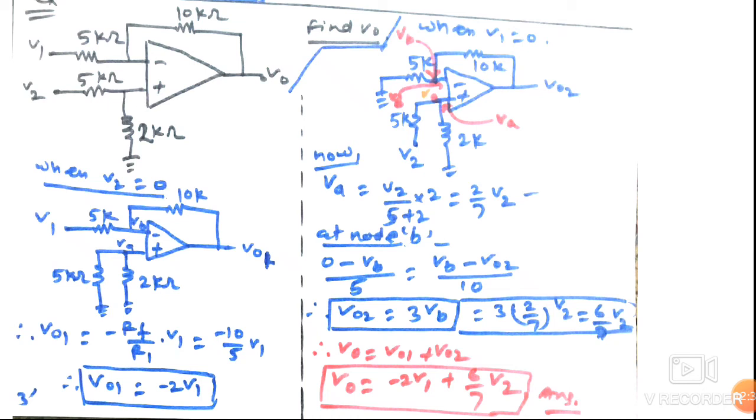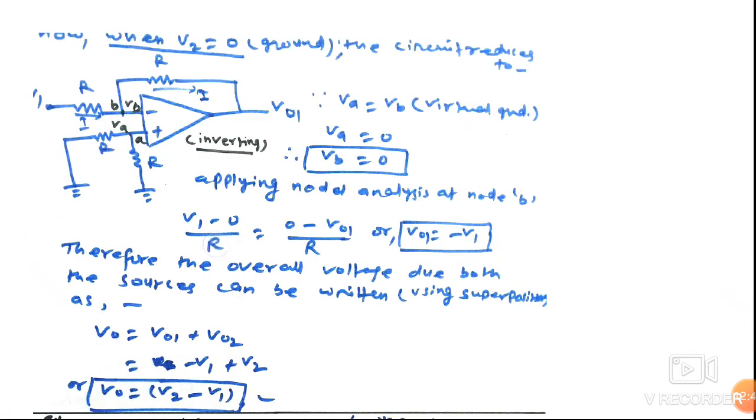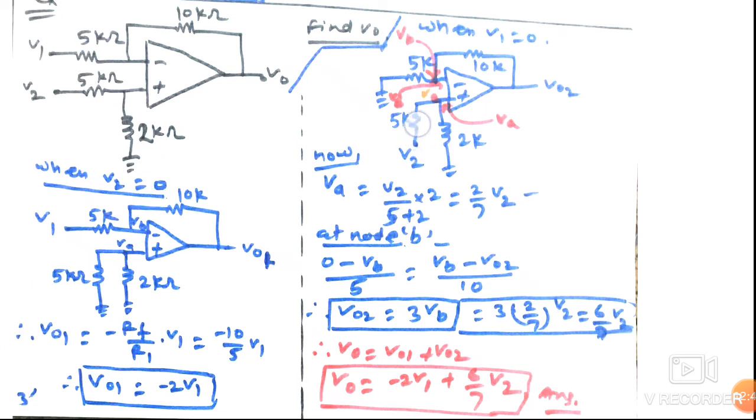So VA can be written as V2 upon 5 kilo ohm plus 2 kilo ohm into 2 kilo ohm. So VA is equal to V2 upon 5 plus 2 into 2, that is 2 by 7 into V2. So this becomes the potential of the non-inverting terminal. So VB is also equal to 2 by 7 into V2.